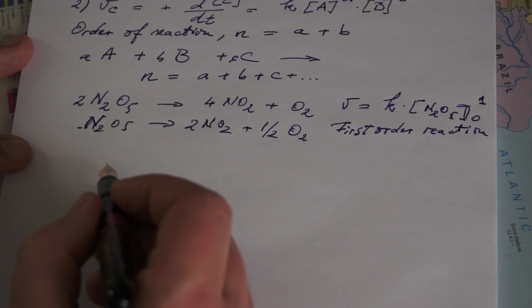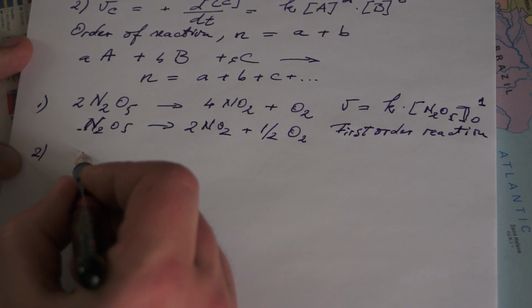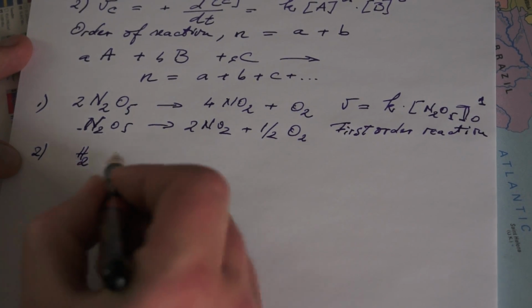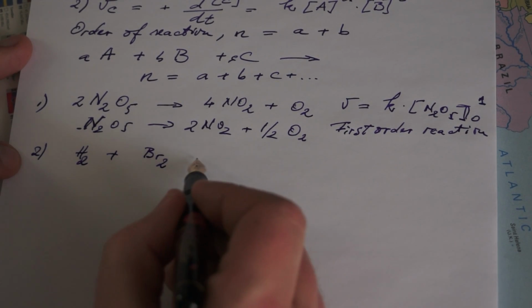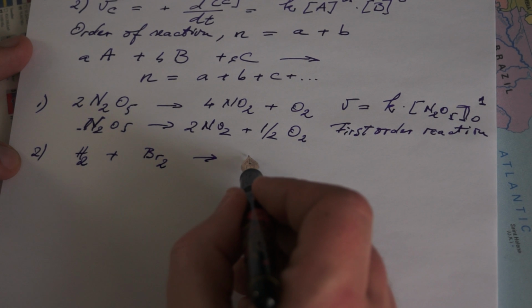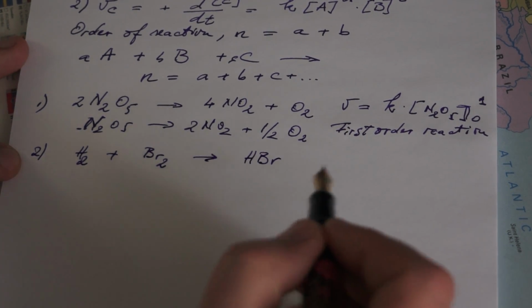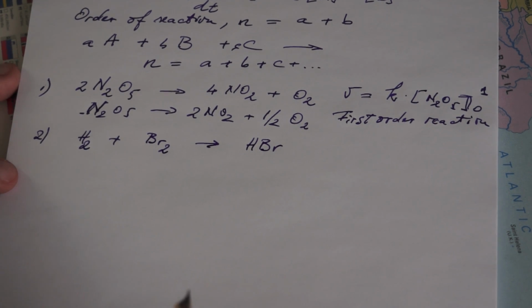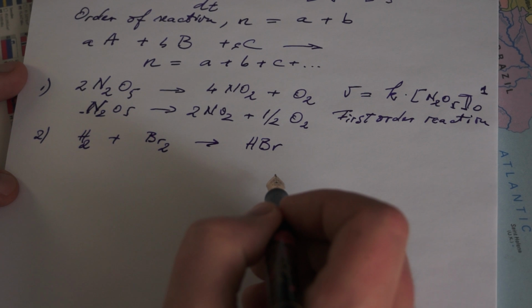Another type of reaction is the reaction of hydrogen with bromine to produce HBr, that is hydrobromic acid.